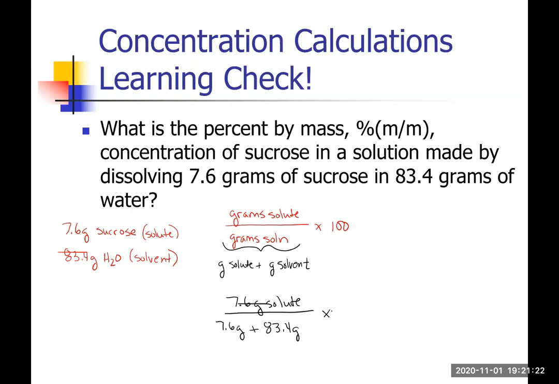And then we multiply this by 100 to get our final answer. I get 8.351648. I'm going to cut it off there because I know that my sig figs are much less than that.